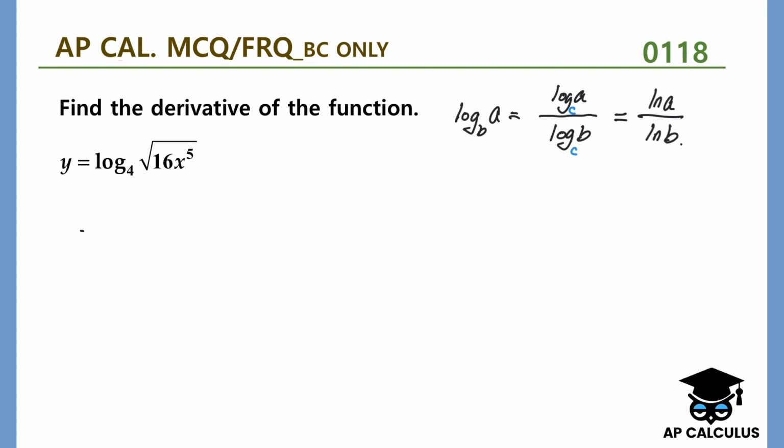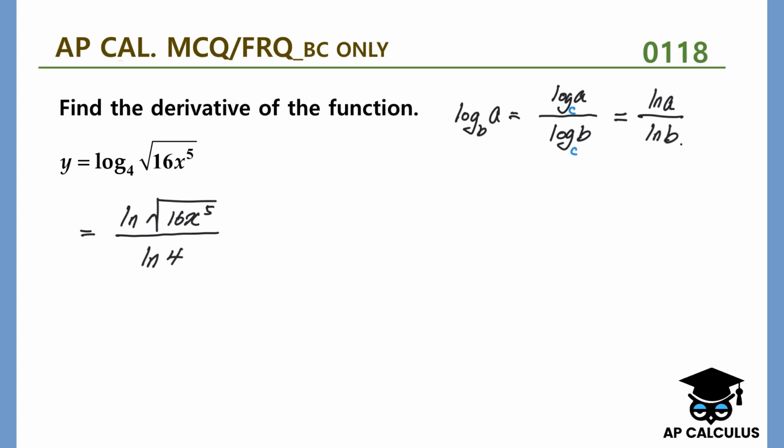So that is equal to natural log of the square root of 16x to the 5 over natural log 4. Does that make sense? Here, natural log 4 is a constant.